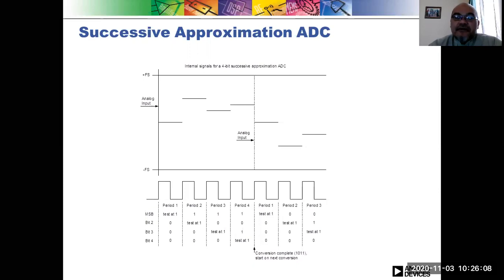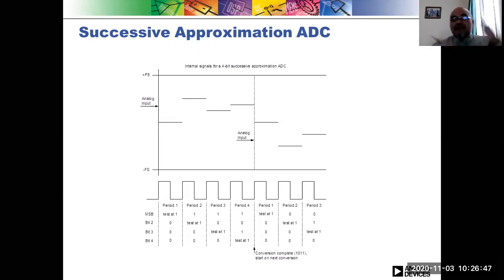So if you use a higher resolution, 8 bits, let's say, and your clock is still 1 megahertz, then one conversion will take 8 times 1 microsecond, so 8 microseconds. Your conversion rate, or sampling rate of the analog-to-digital conversion, will be 1 megahertz divided by 8, about 125 kilo samples per second.